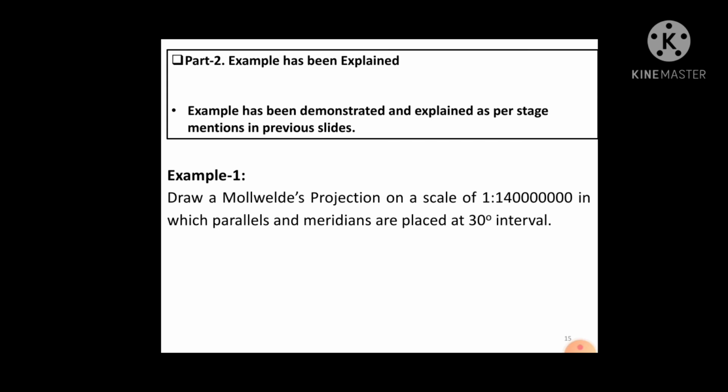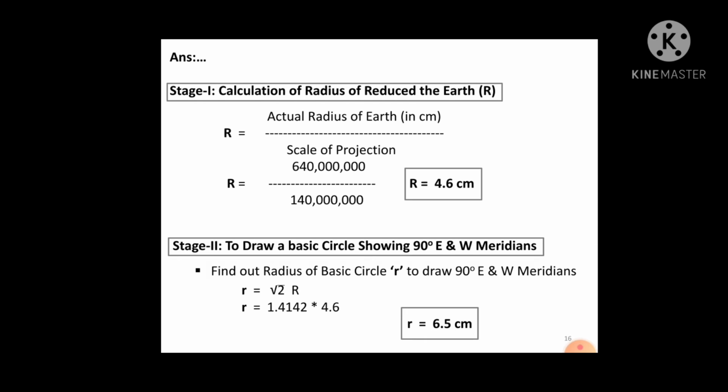What it means is that the interval of the parallels and the meridians is 30 degrees. That you must keep in mind. So let me start how to solve this example in the coming slides.